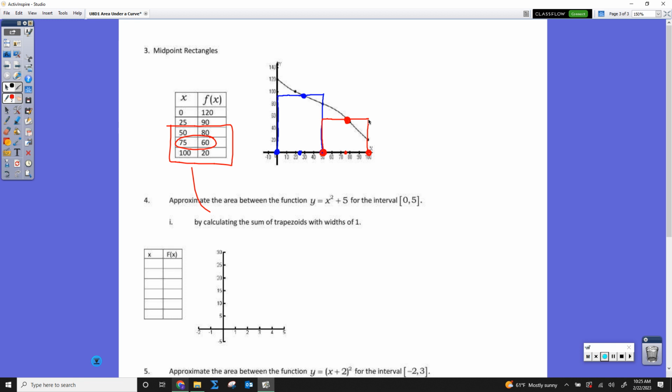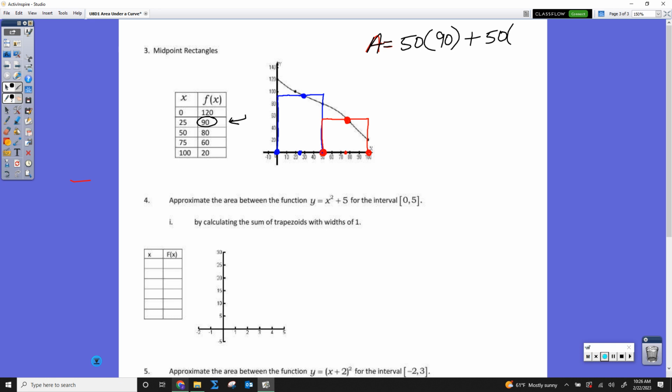All right, and so we know that our first rectangle has a base length of 50 and a height, remember we use this point right here, so a height of 90. So 50 times 90. Then our second rectangle there in red has a base length again of 50.